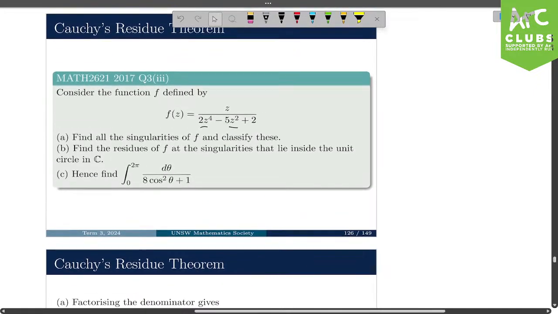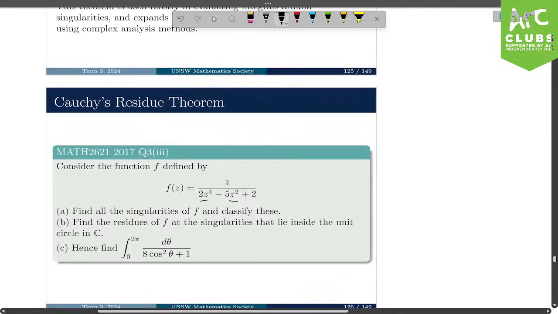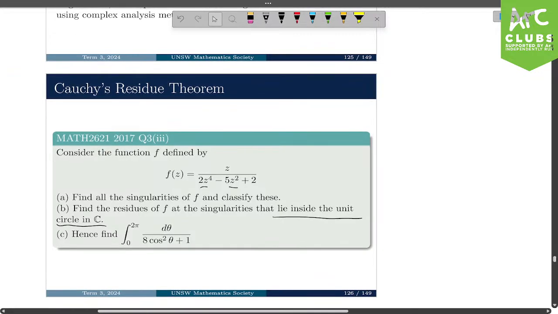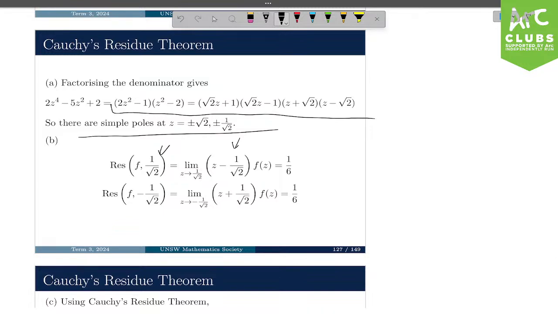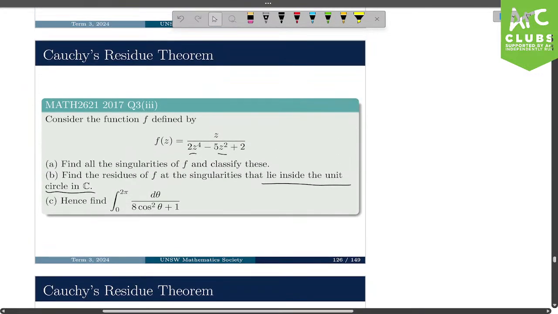Looking at B, we're just going to consider the ones inside the unit circle, so that'll just be the plus minus 1 on root 2 that we observed, and then we'll calculate the residues. So for the residue of the first one, simple poles, we just multiply by the pole and then take the limit. We get 1 on 6 both times, fantastic, and then where is this going?